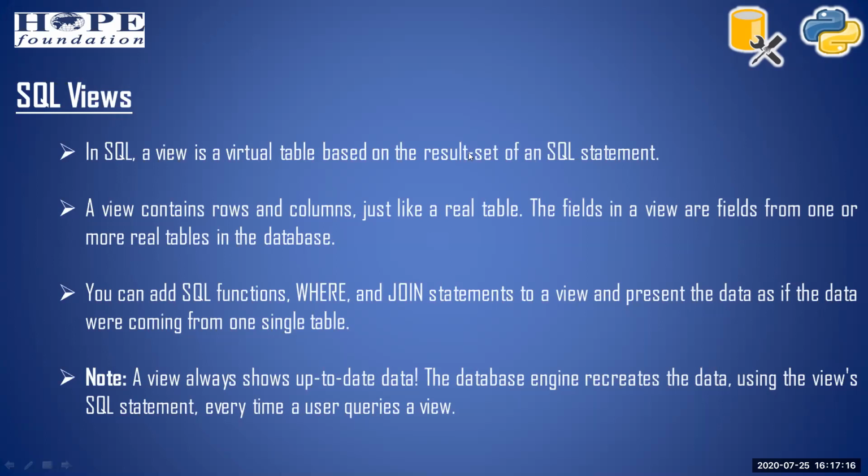In views we can only store whatever we have done in our query, but in procedures we can pass parameters. This is the difference between views and procedures. In views we can't pass any parameters.